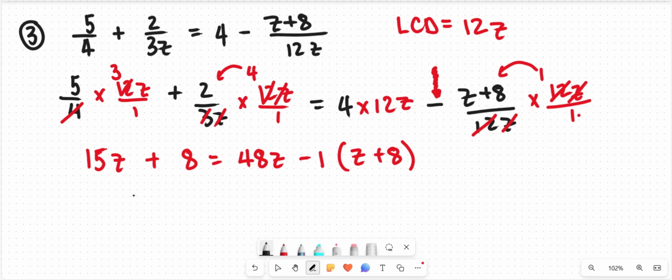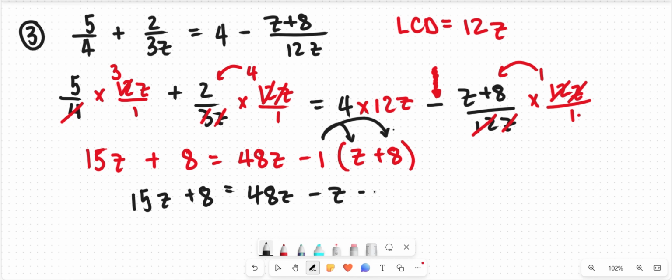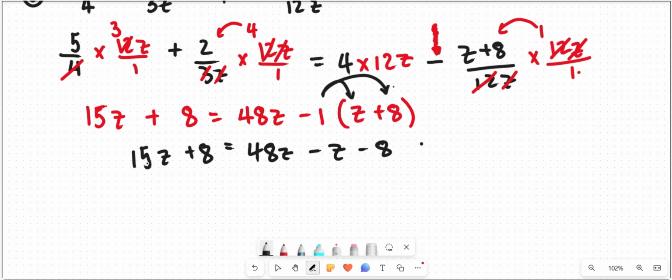So what do we do? You collect your like terms now. I'm going to keep everything the same, and I'm going to distribute that negative 1. Negative 1 times z, negative 1 times negative 8: negative z, plus 8. Then collect your like terms.